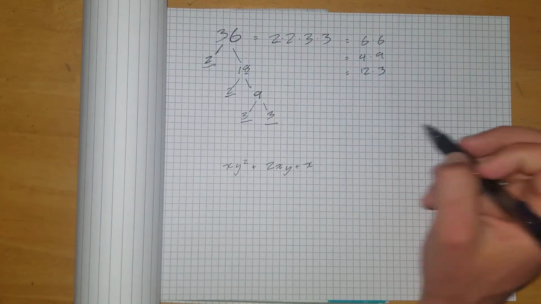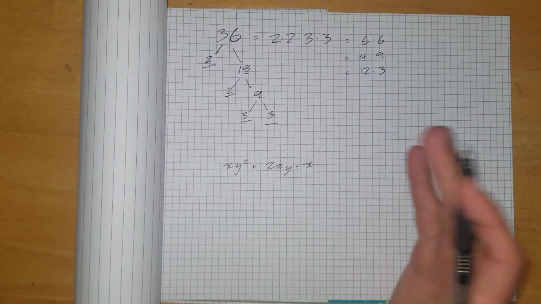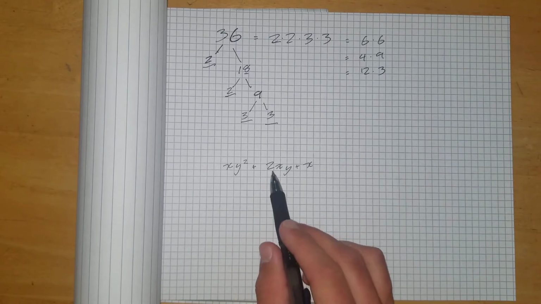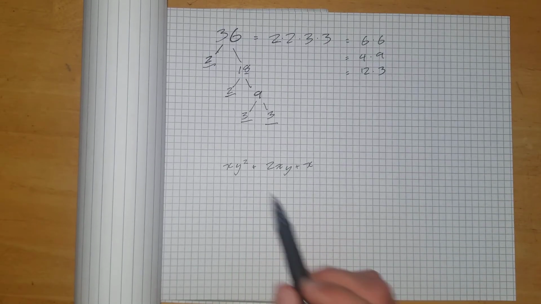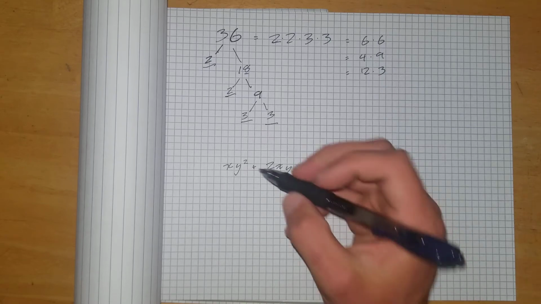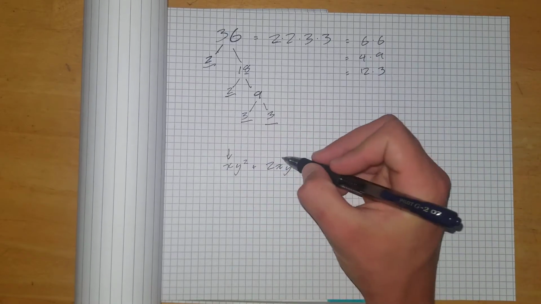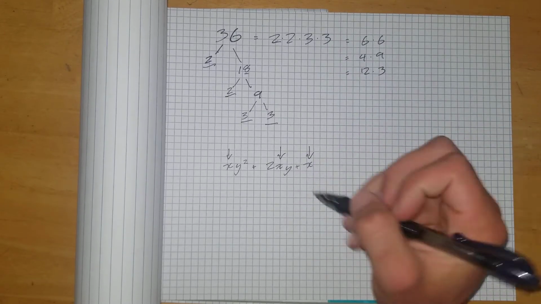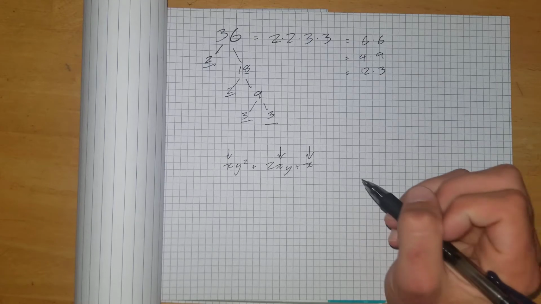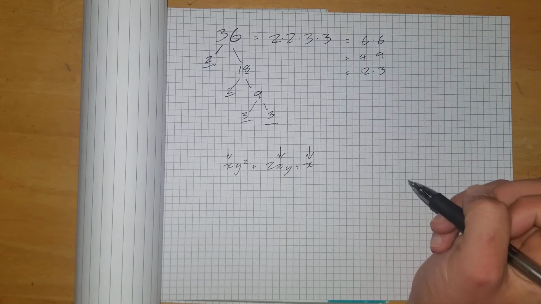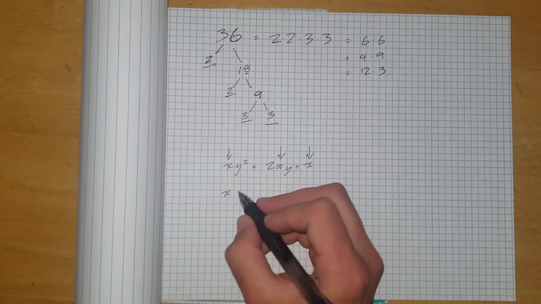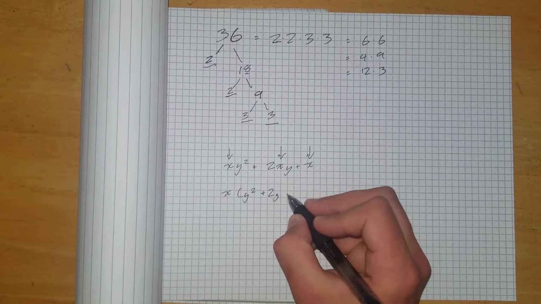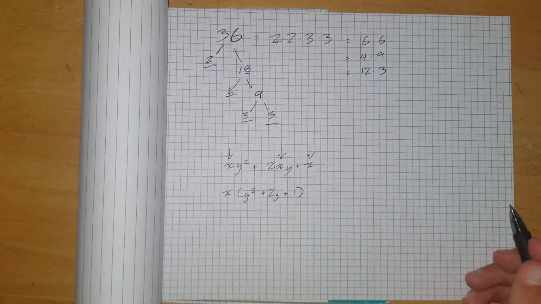But this can be written as a product of primes, so I'm going to do generally the same thing that I did last time. That is looking at each of these and trying to figure out what they all have in common. If you look, you see that this has an x, this has an x, and this has an x. So that means they all can be divided by x, right? So I'm going to pull out the x from each of these, plus 2y plus 1, right?